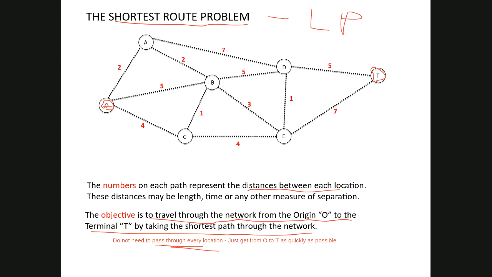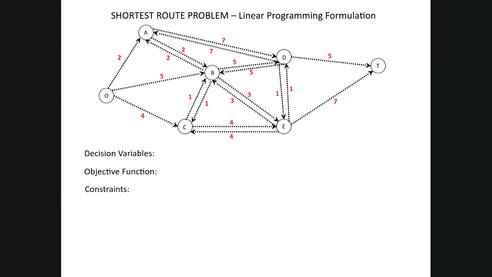The first thing that we're going to do is convert every path to either a one-way path, such as from O to B, or a two-way path. In other words, we may be able to pass from C to E, or we may be able to pass from E to C. And hopefully you can see, essentially you would want to create every pathway.